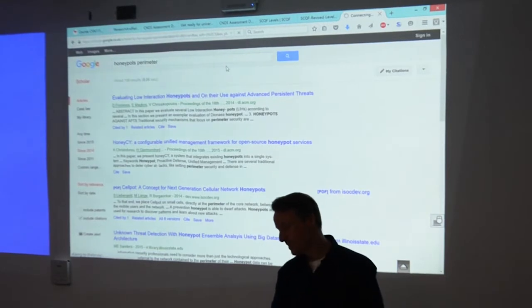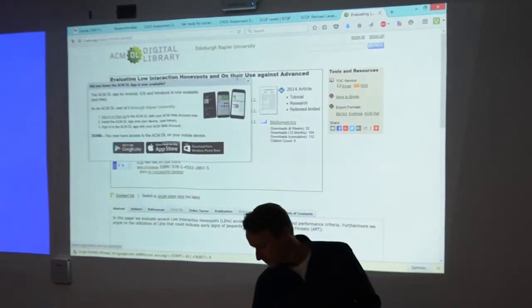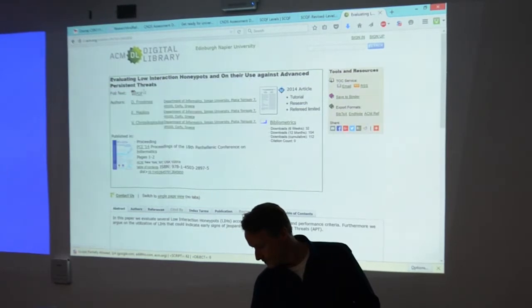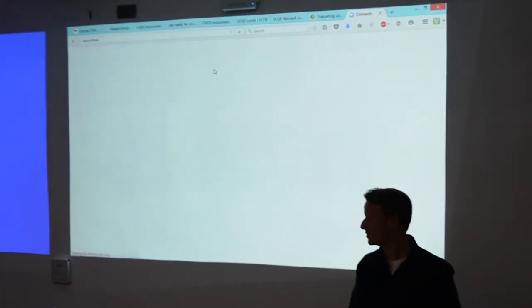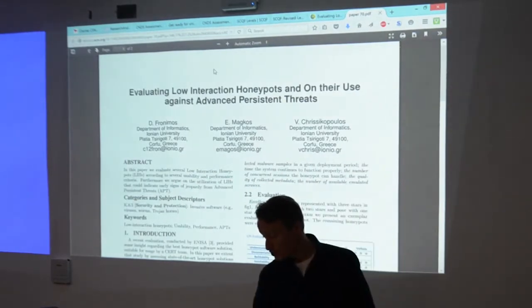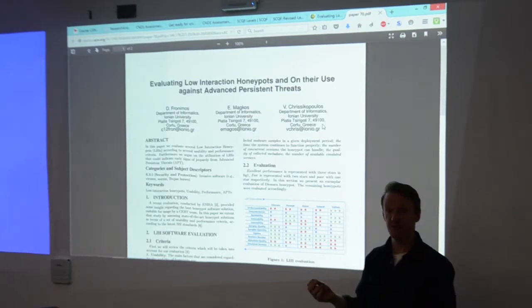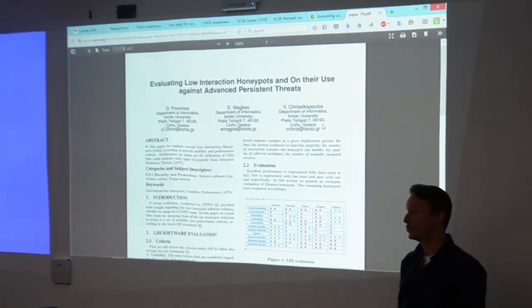If we want to know if this paper is any good, what are we going to do first? Read the abstract? Good answer. Excellent. So the first thing I'm going to do is read the abstract and introduction. That's the first thing anyone does when they pick up a journal or a dissertation or a PhD.